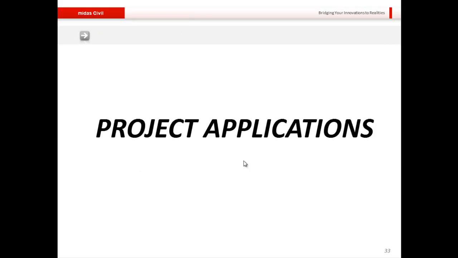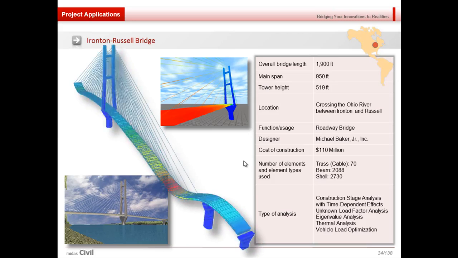And finally, let me talk very briefly about some project applications of cable stayed bridges that have utilized Midas Civil. Here we have the Ironton-Russell Bridge in the USA. It was analyzed for construction stage analysis with time-dependent effects using unknown load factor analysis, eigenvalue analysis, thermal analysis, and vehicular load optimizations.